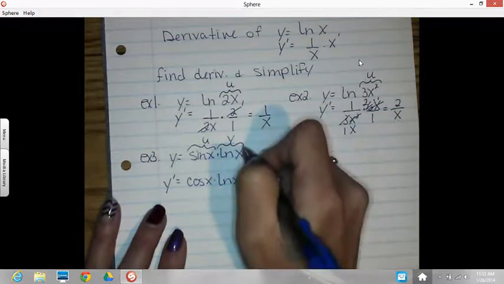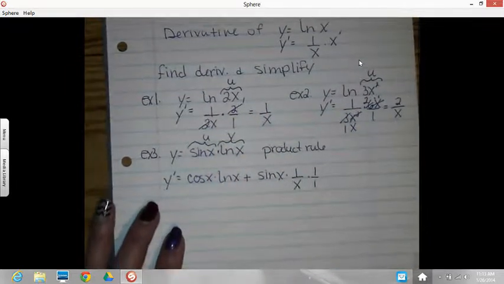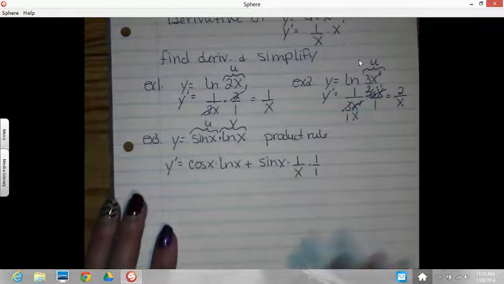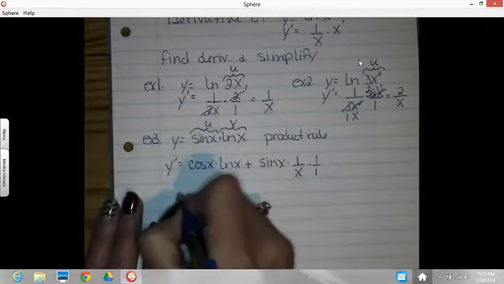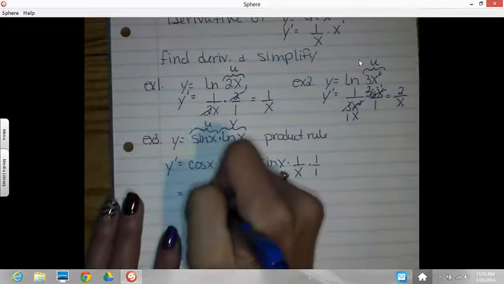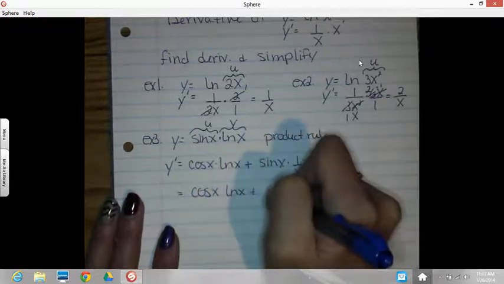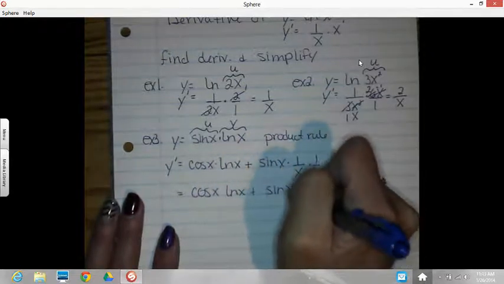The derivative of x is 1. Just put it there just so I keep the pattern going. But that's it. As far as simplifying, there's not much simplifying other than to bring this together as one term. So cosine x, natural log of x, plus sine x, divided by x.